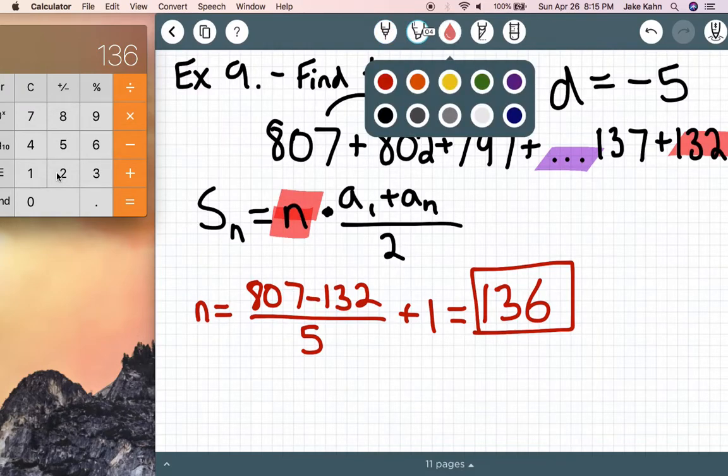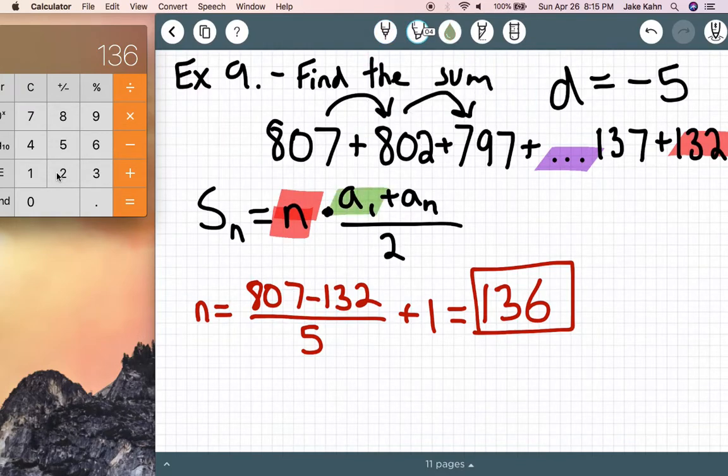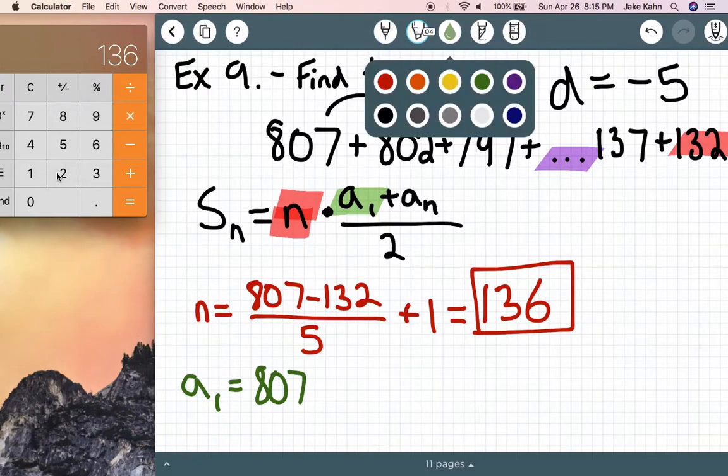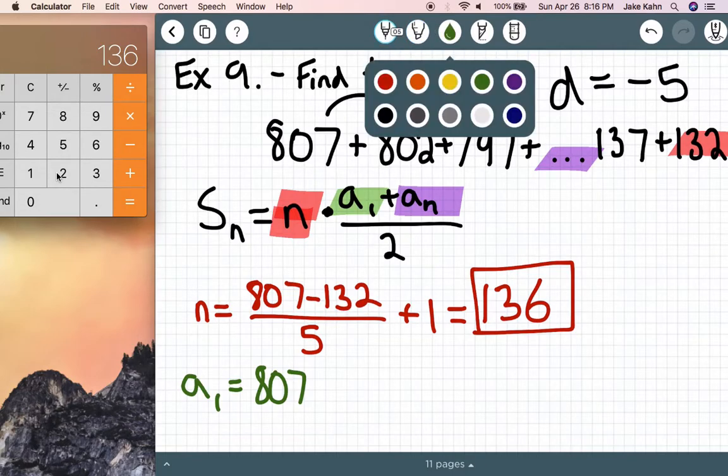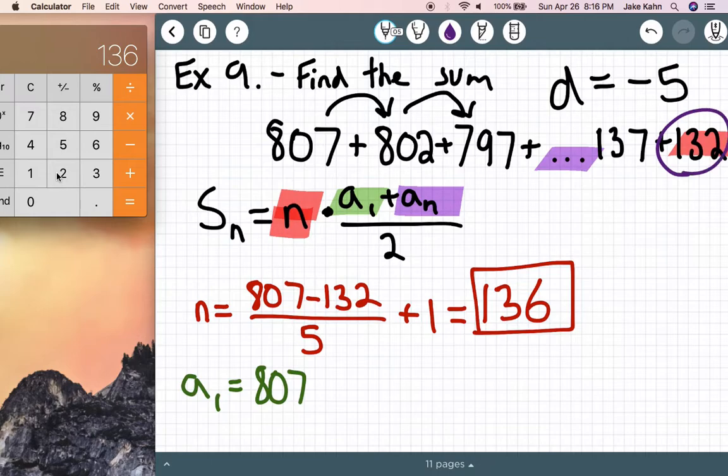Next, what is A1? A1 is the first term in your series, which is 807. Next, what is AN? AN is the last term in your series, which is 132.